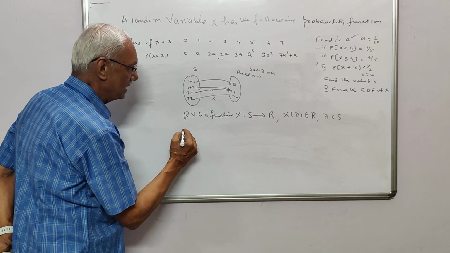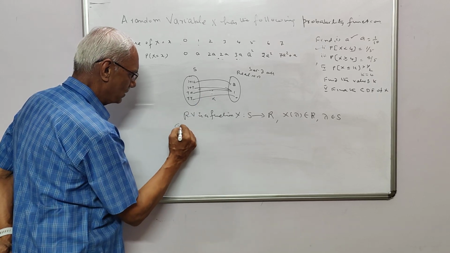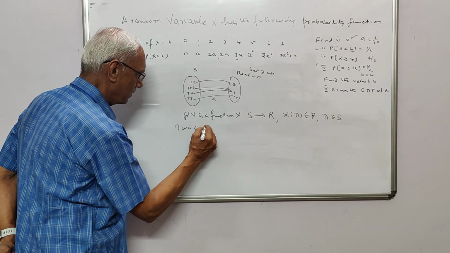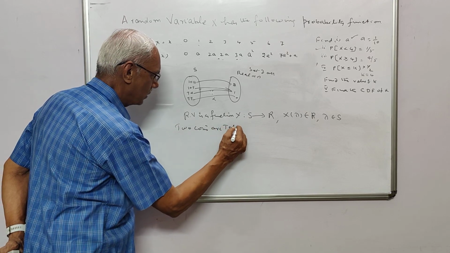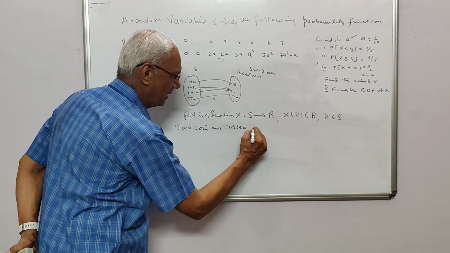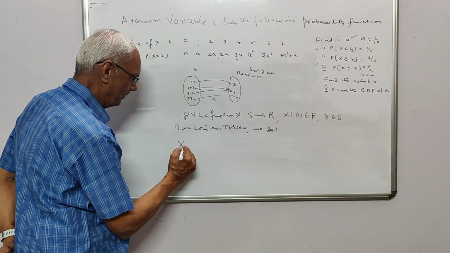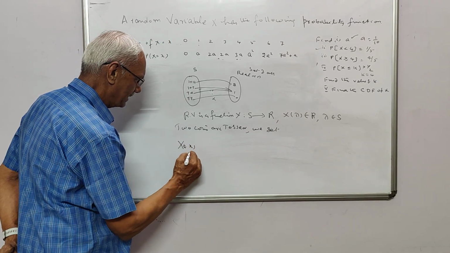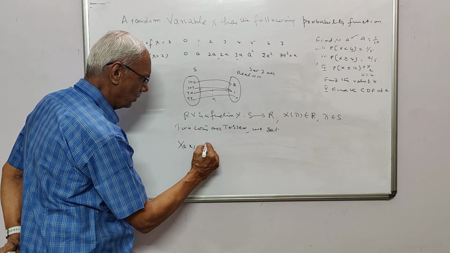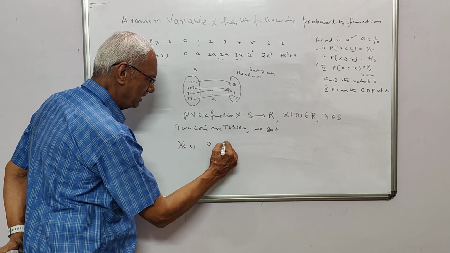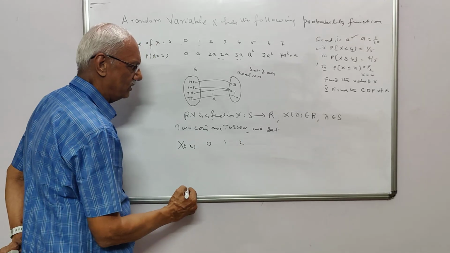So what I do is, say 2 coins are tossed. x is a random variable, and x can take the value 0, x can take the value 1, or x can take the value 2.